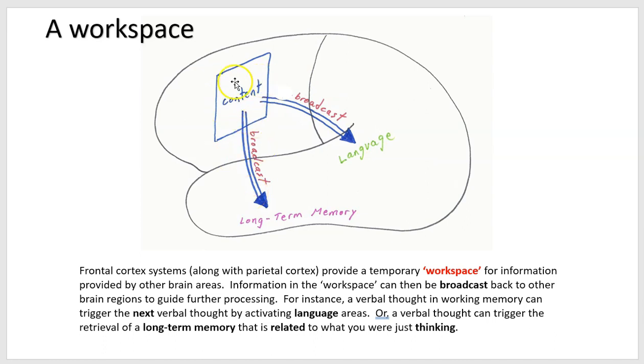So whatever it is we're thinking about can be sent back to the language areas to trigger the next thought. Whatever it is we're thinking about can be used to search the long-term memory system to activate related information, related memories. So this is a nice architecture, that whatever's in the working memory system is going to be sent back to other parts of the brain for further processing.